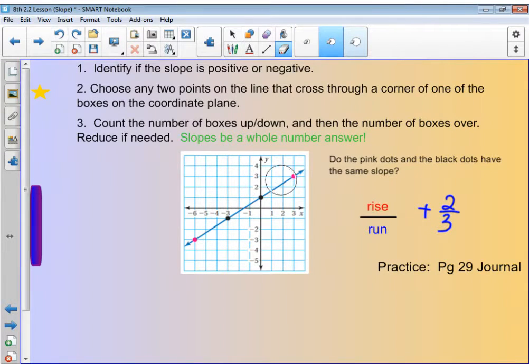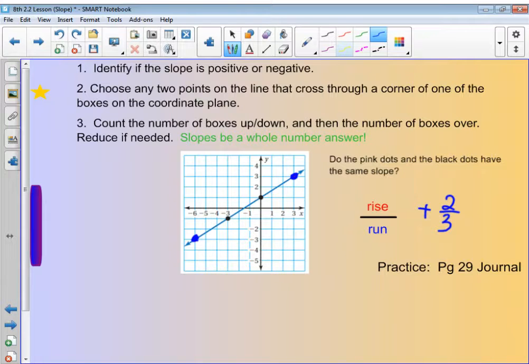Let's say I just picked the 2 pink ones, so this point and this point, which are now blue. If I were to do the rise over run, those are pretty far apart. The key thing is you should probably try to pick the ones that are closest together. But let's say I didn't notice that there were 2 points that were closer together. Can I still get the same answer?